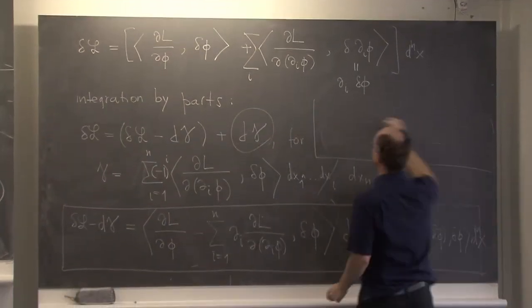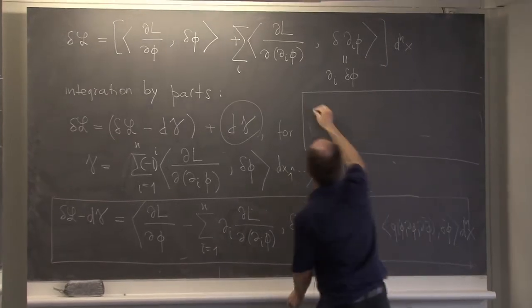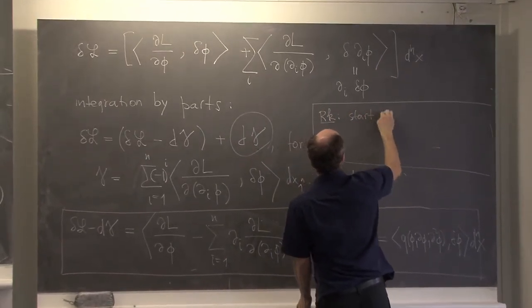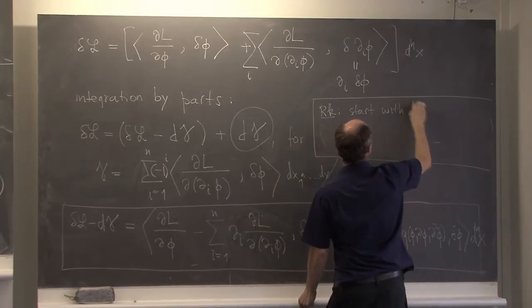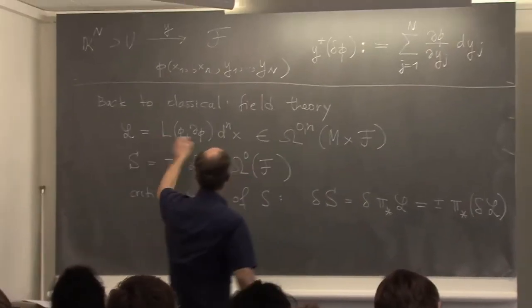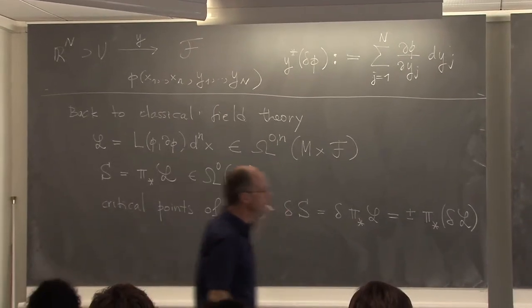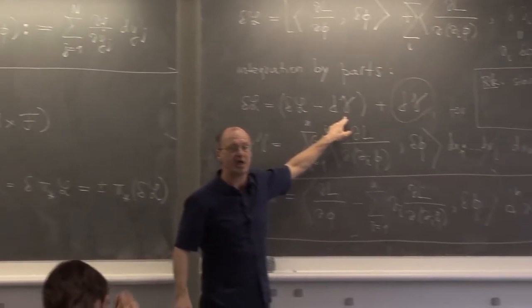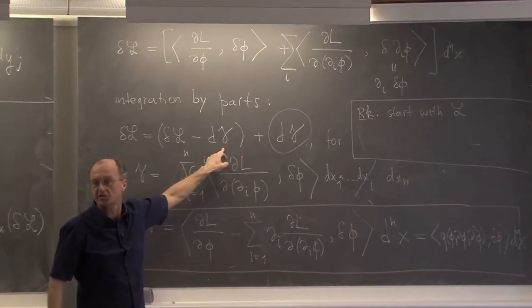Here maybe one observation. For all this machinery to work, we start with L, or if you want, with curly L, in defining our classical field theory. But then, at this stage, we also need to find the structure gamma.